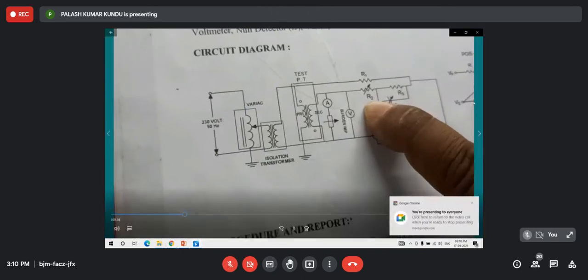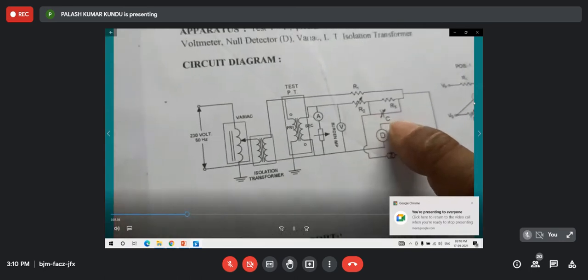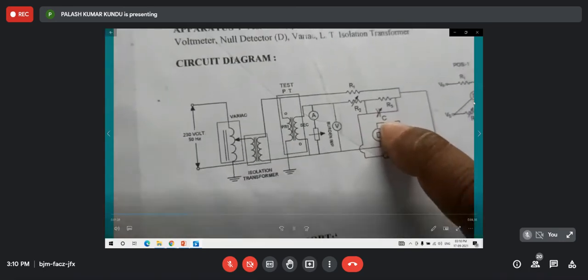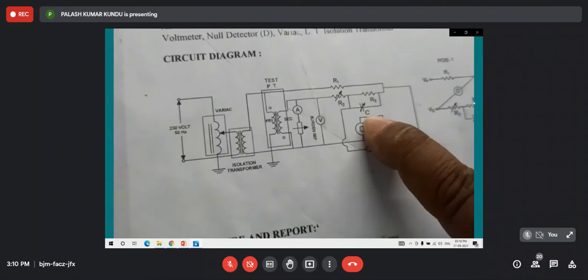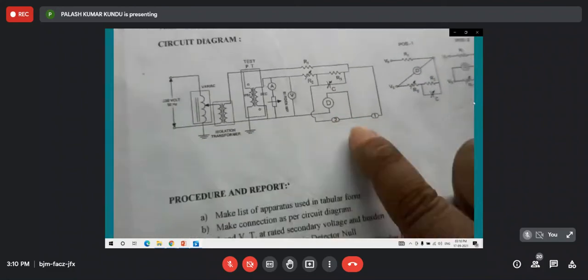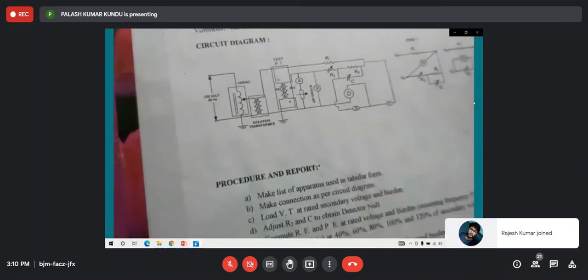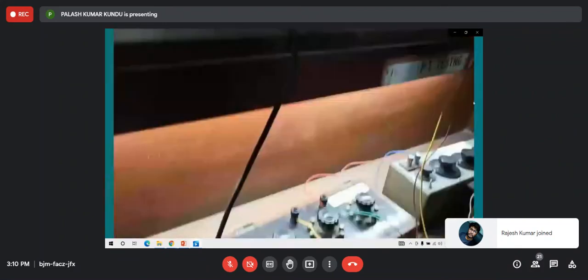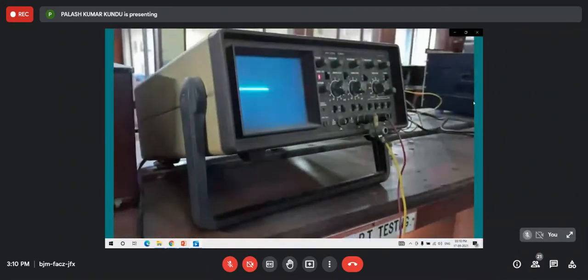Box in the circuit, and also the capacitor C. A null detector is placed at this position, use CRO as the null detector.